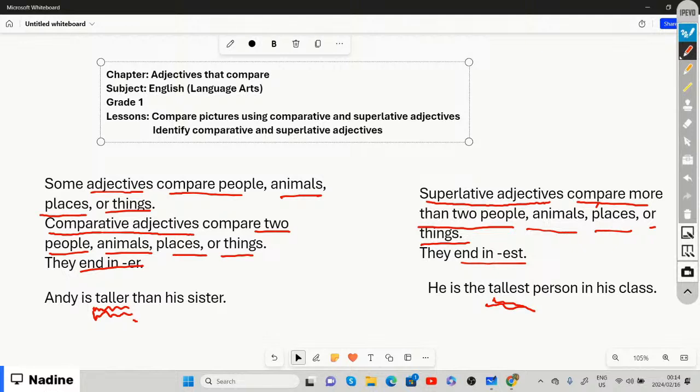And we said when it comes to the superlative adjective, it ends in est, and it's comparing two or more animals, places, things, and people.